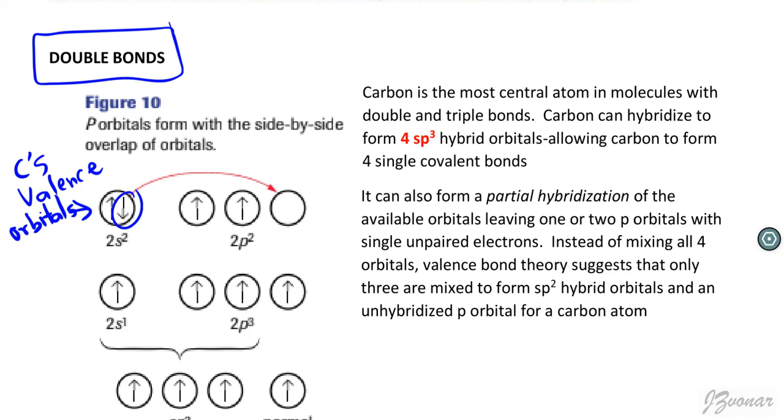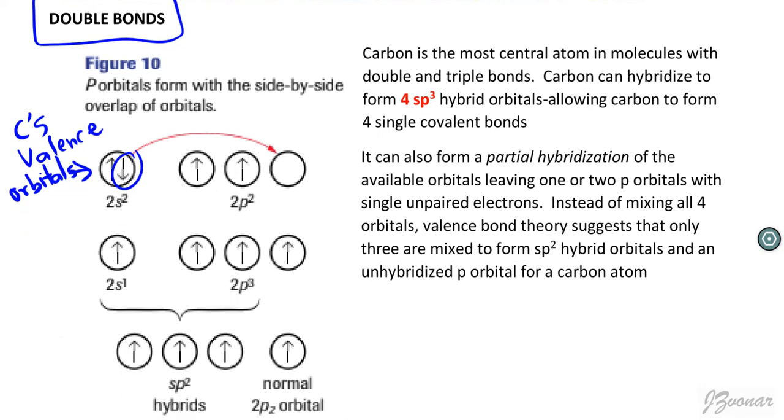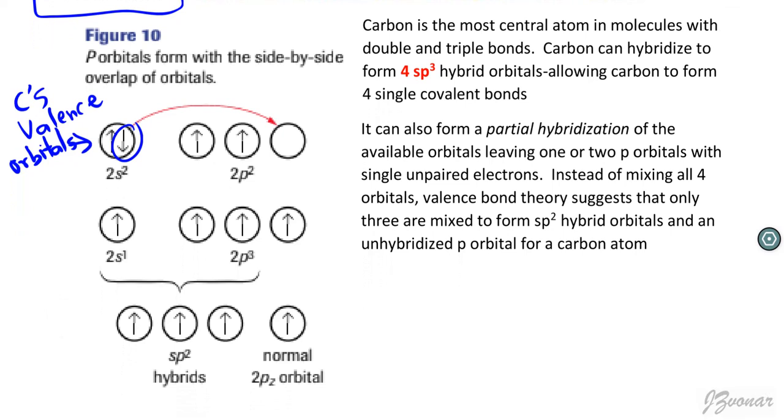So instead of forming four single covalent bonds with an sp3 hybrid, what happens is there's a partial hybridization. One s and two of the p's hybridize to form an sp2 hybrid, leaving an electron in a normal, unhybridized p orbital. And that is what's going to allow for the formation of our pi bonds.